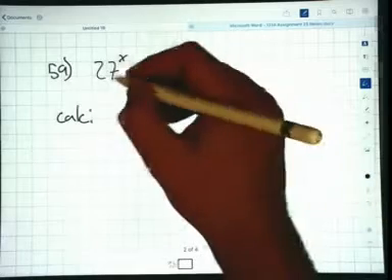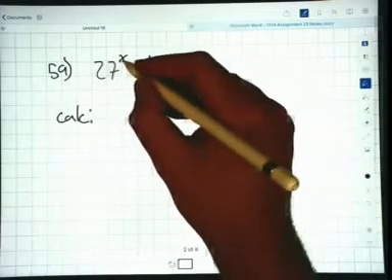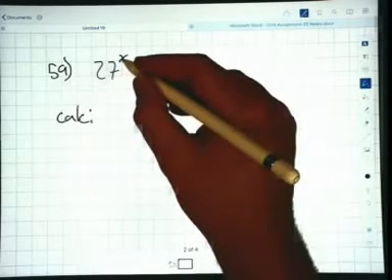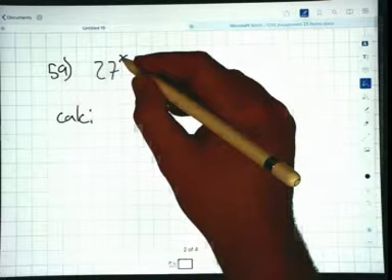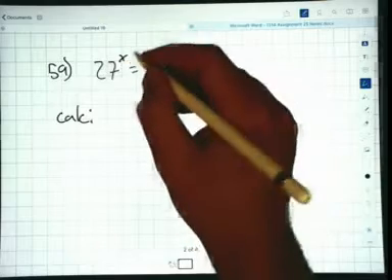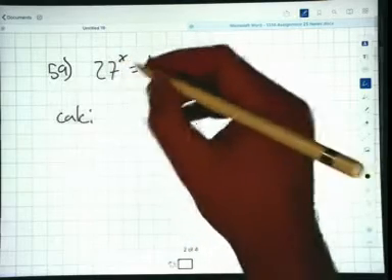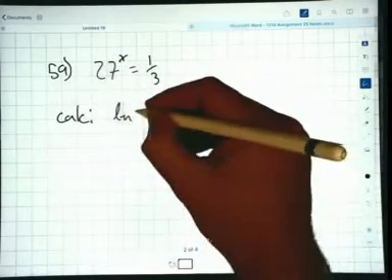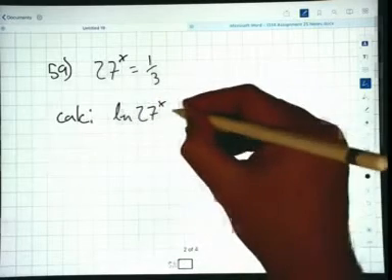Well, the first thing I would do is recognize that my variable x is way up there in the exponential position. So how do we get x out of the exponential position? Well, we first of all take the natural log on both sides.